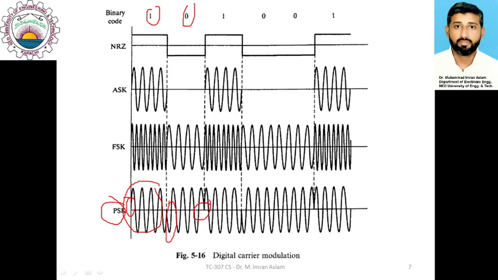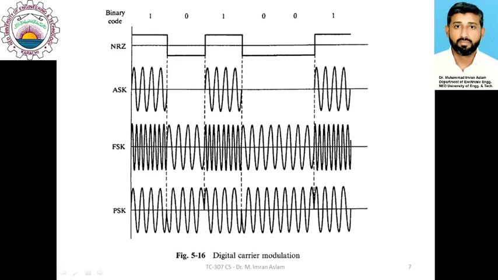Again, for the next one, you see a phase shift of 180 degree. Again, the phase becomes 0, and then for the next 0, the phase is again shifted by 180 degree, and so on. So you can see that the binary 1 is represented by a 0 degree phase, whereas the binary 0 is represented by a 180 degree phase.